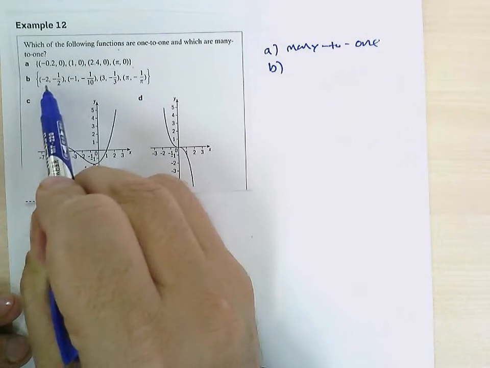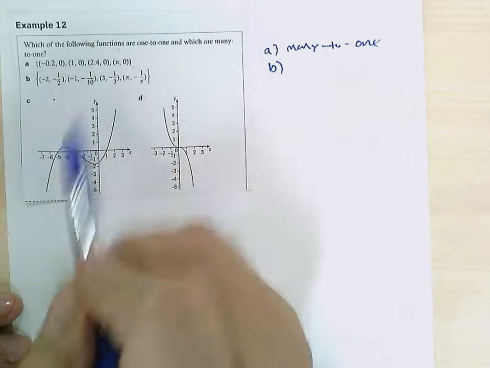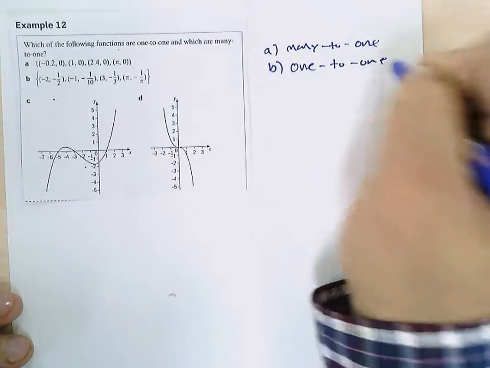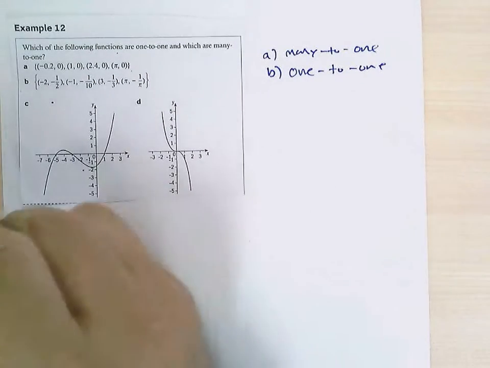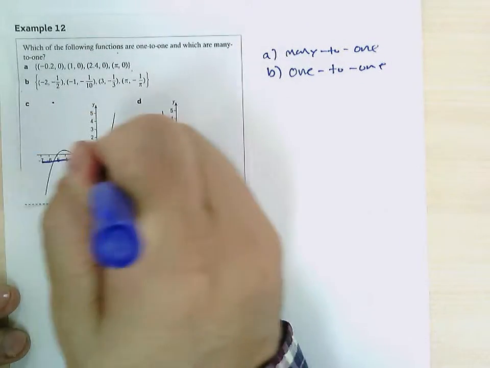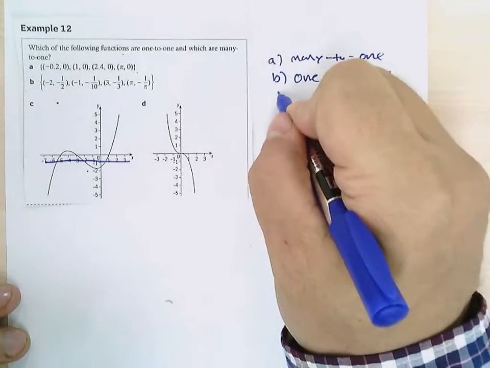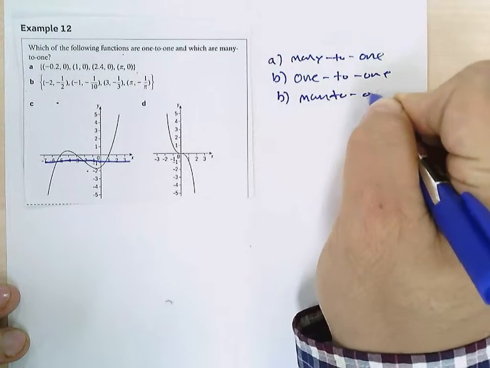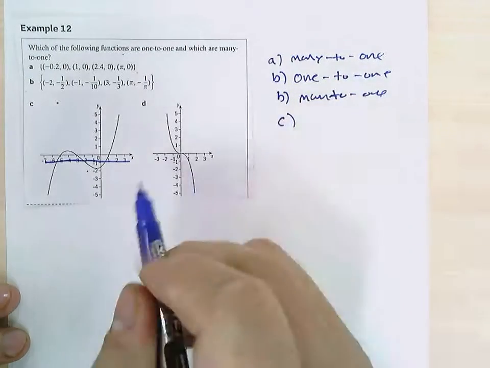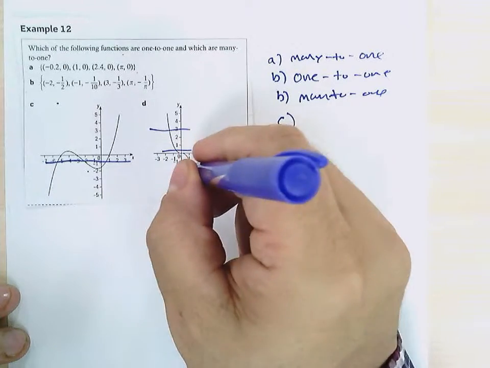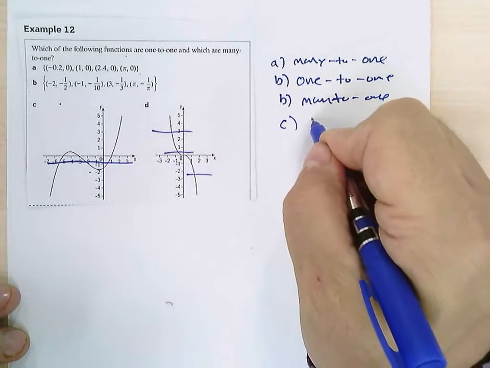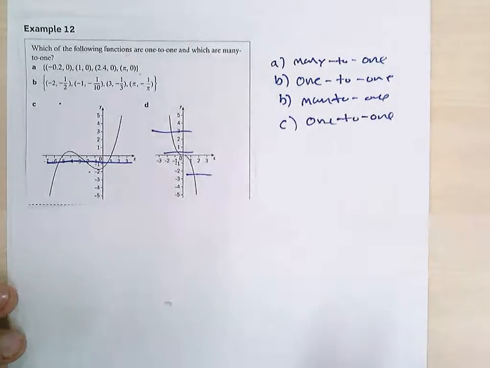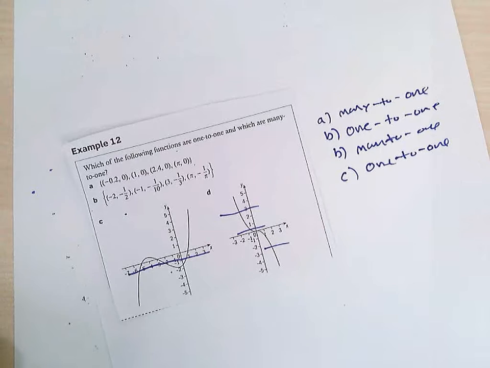It doesn't matter what happens with the x, but the y's all come out to different values. So this one's one-to-one. And this one here, now they got a graph, and right here, that one's many-to-one. And C, you can see everywhere it crosses is one line, so this is one-to-one. Good? Alright, some more examples.